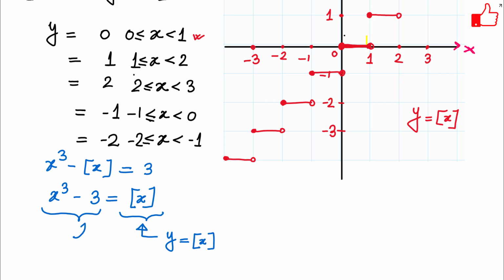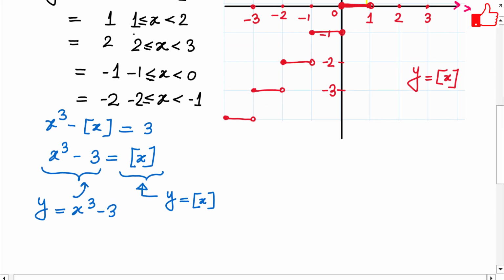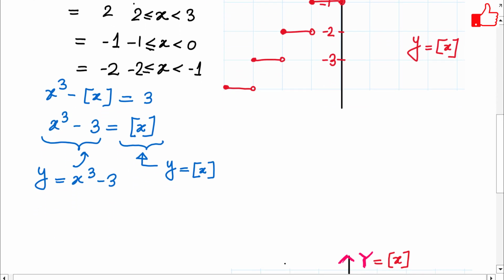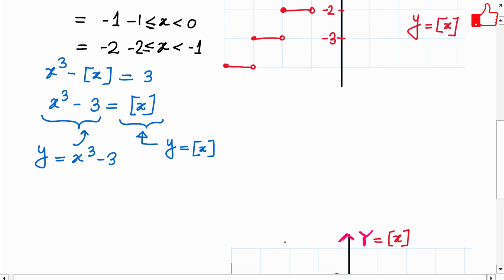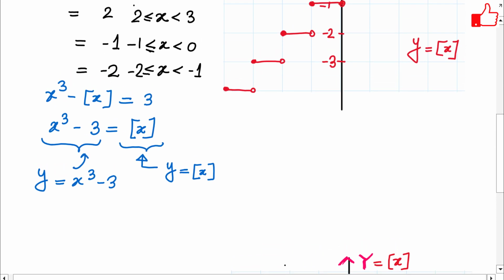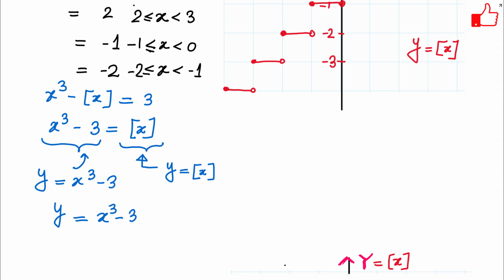Now the second thing we have to do is plot a graph for y equals x cube minus 3. So let us try to see what will be the points for this graph. If I want to plot y equals x cube minus 3, I will consider different points. For example, let us consider x equals minus 1, then what will be the value of y?